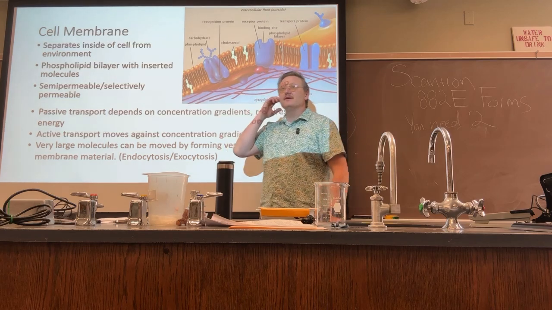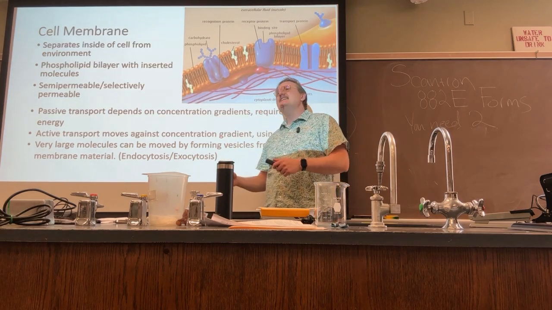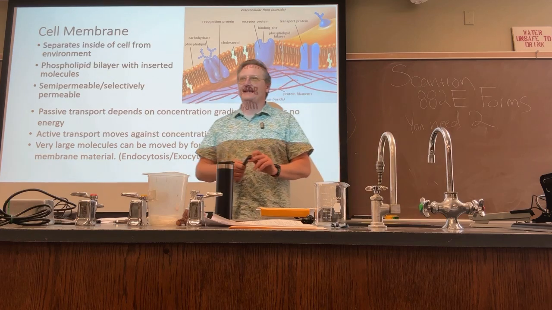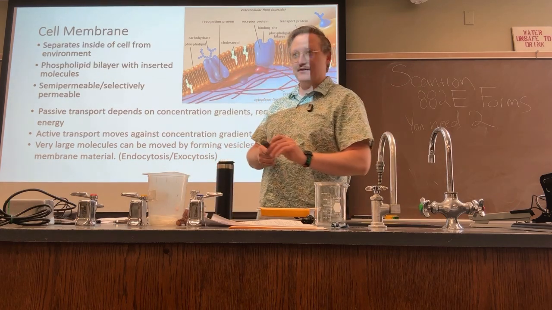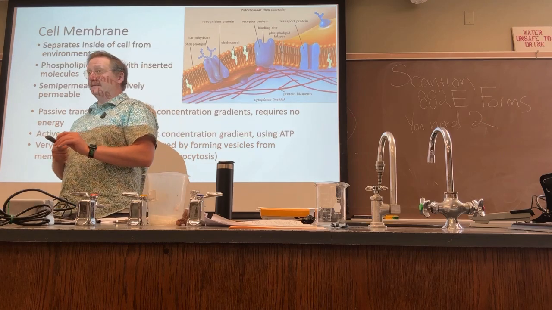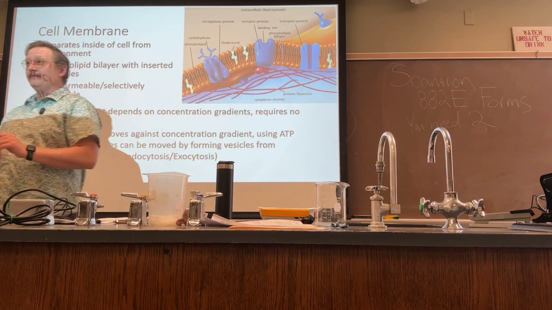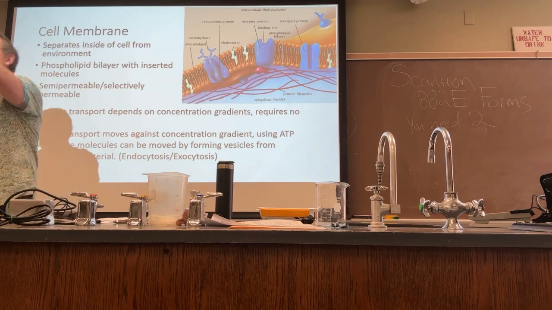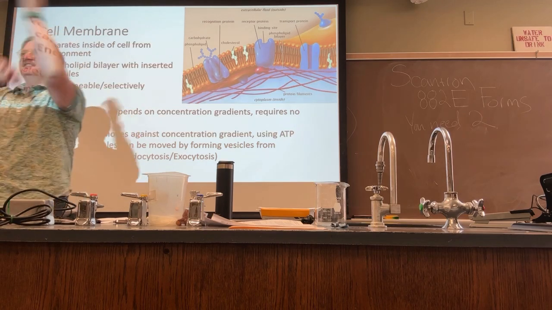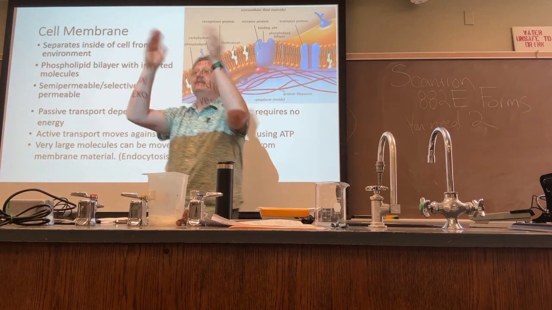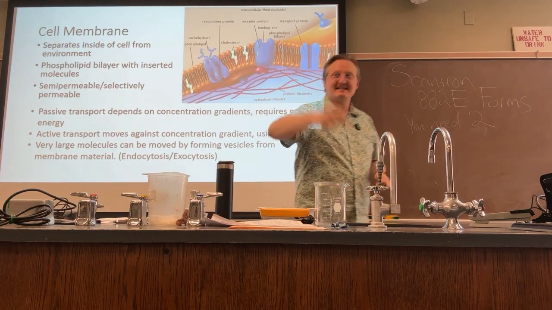Does anybody remember how we set the fluidity of a phospholipid bilayer? What determines whether a membrane is more or less fluid? I'm throwing so many points at you. The people around you are getting points just by having proximity to you, because that is the correct answer.